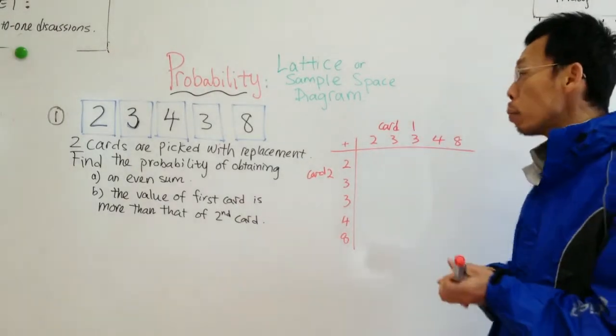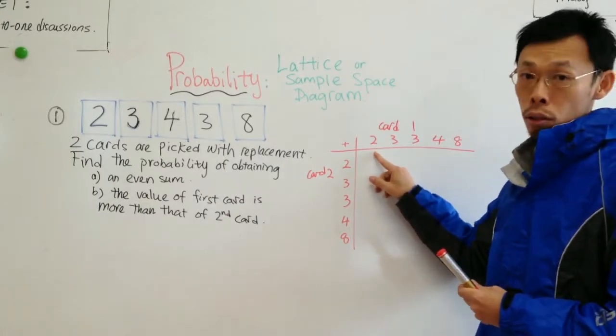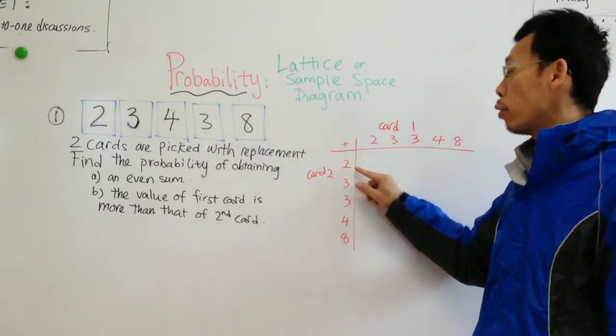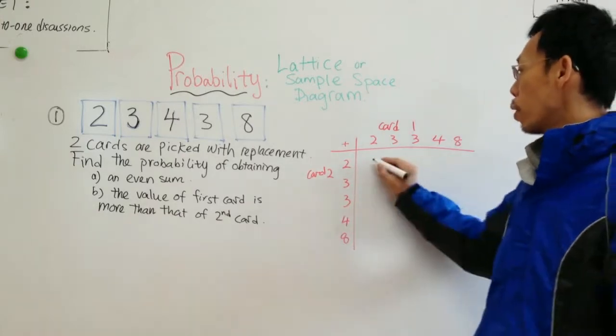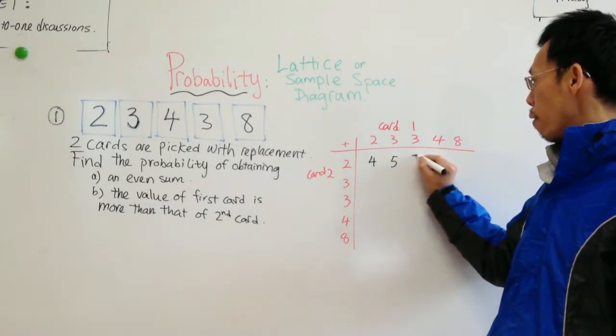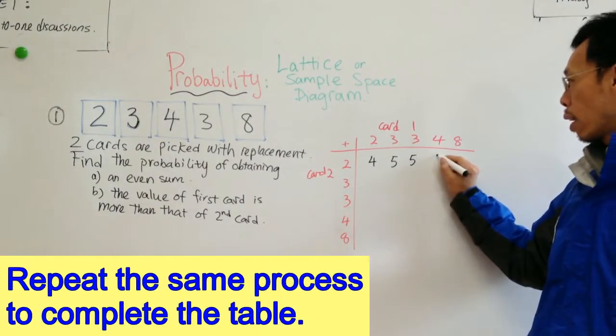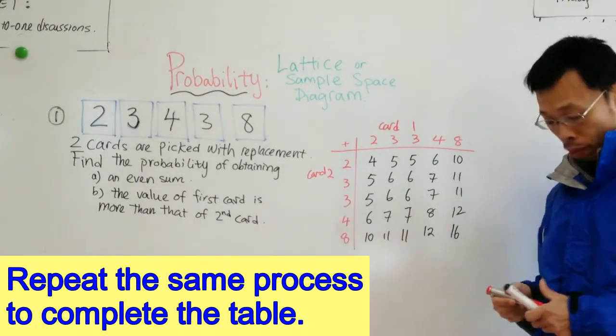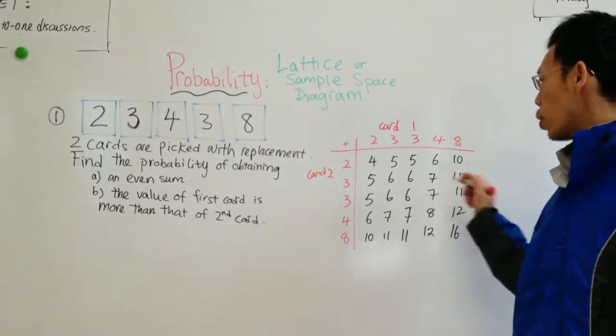Because this is with replacement, it is possible to get 2 first, 2 from the card 1 and 2 from the card 2. So then I have 4. Here, 2 plus 3, 5. 5. Here is 6, 10. And then find even sum. So I just have to figure out which of these are even.